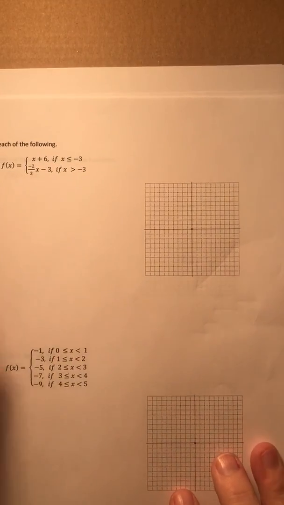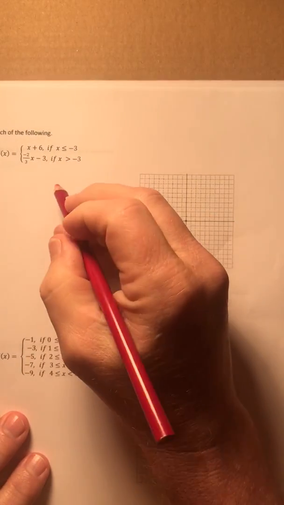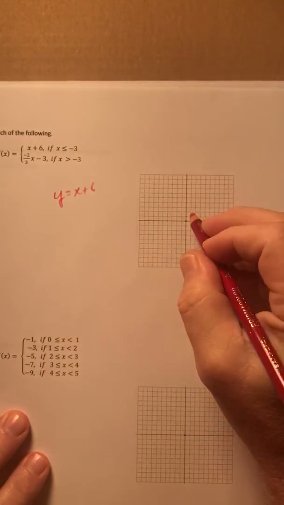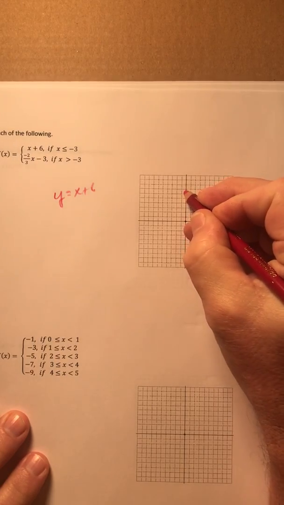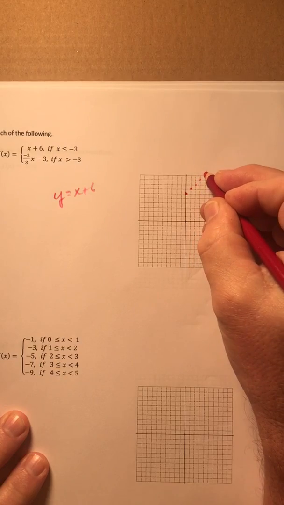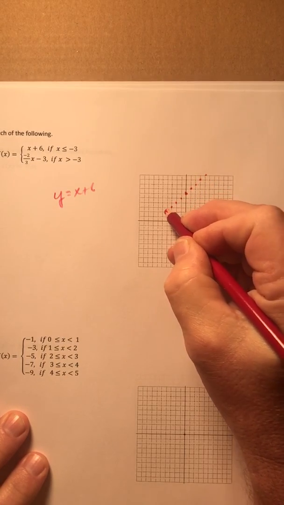Alright, number 3, just like number 1. So we got y equals x plus 6. So we're going to start at positive 6. Put a point, and then up 1 over 1. Alright, and we got to go back because we need negative 3.